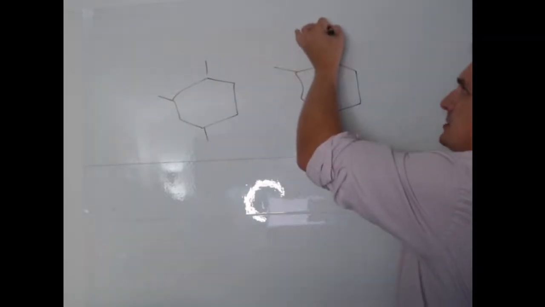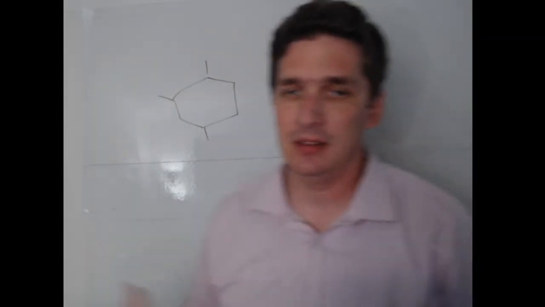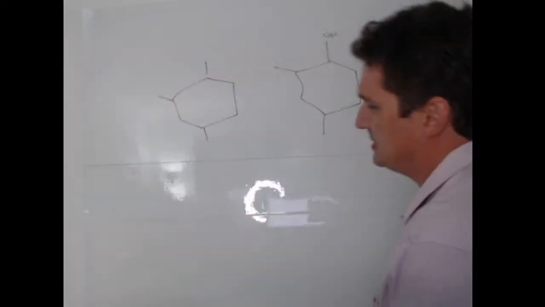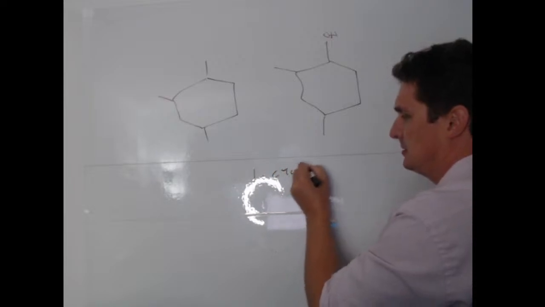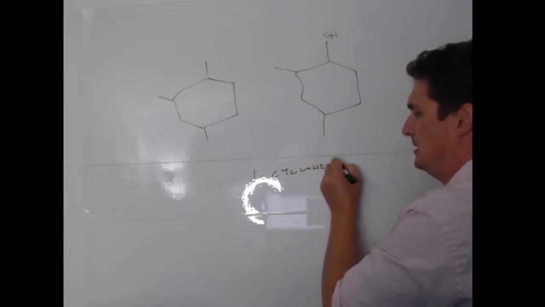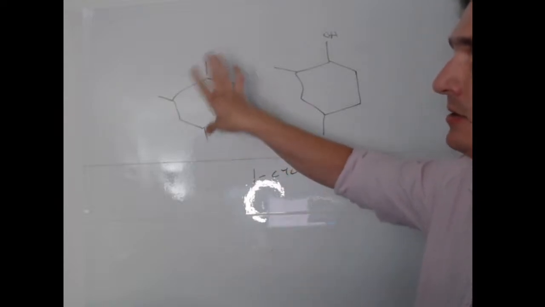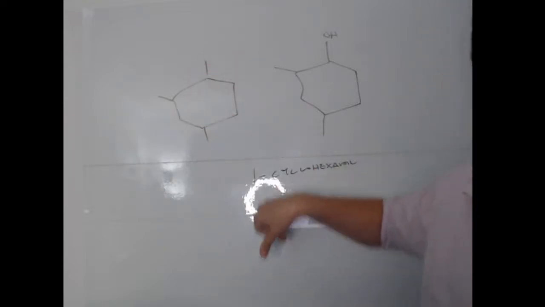But with the alcohols on a ring, we don't have to specify because we know alcohols get priority. So to say 1-cyclohexanol, any alcohol on a ring, we automatically know the alcohol is in the first position. And so we don't bother listing it because it's just implied.